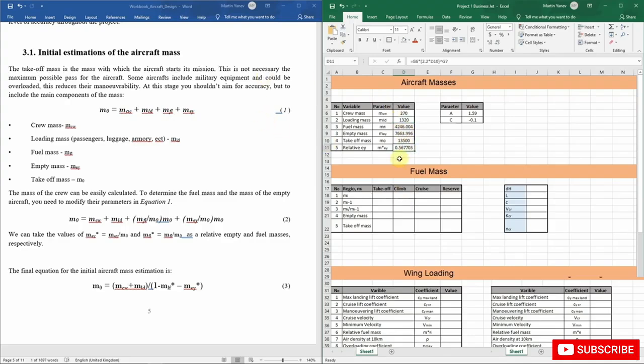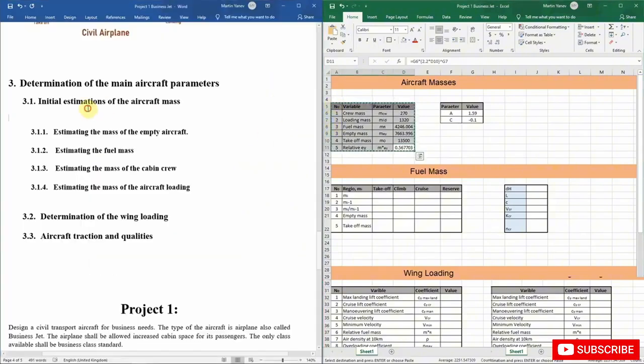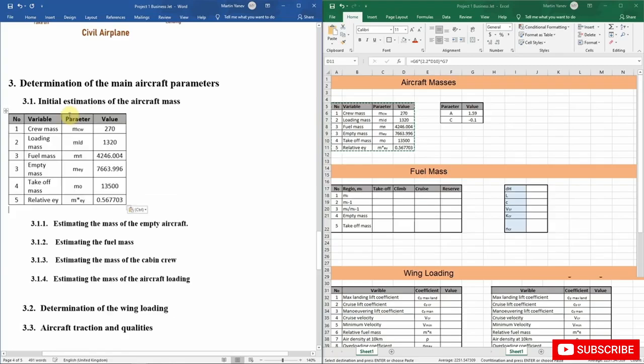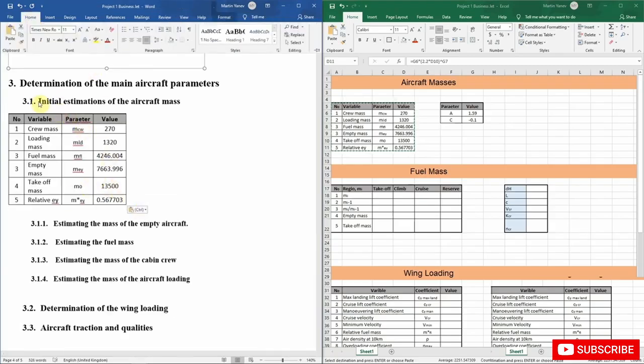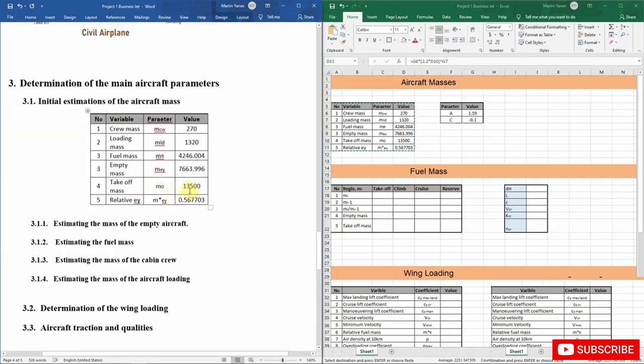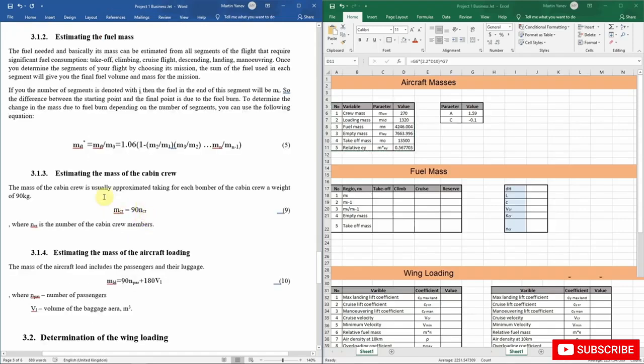So now I will add this table inside our project. Here in the initial estimates for the aircraft mass, I will add this table and center it. These are going to be the initial estimates for our masses on the aircraft. Then the estimated mass of the cabin crew, I will simply write that it is equal to 270.